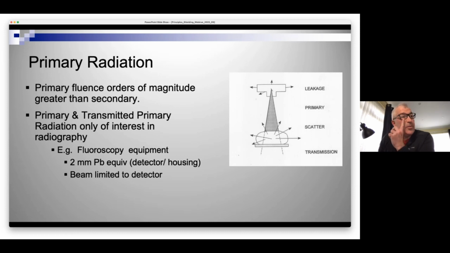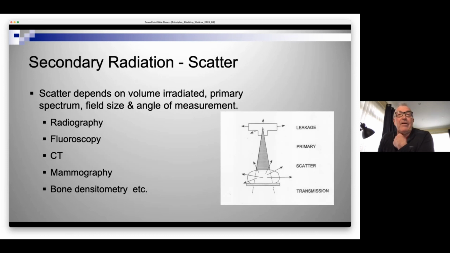So we only need to consider primary radiation in radiography.